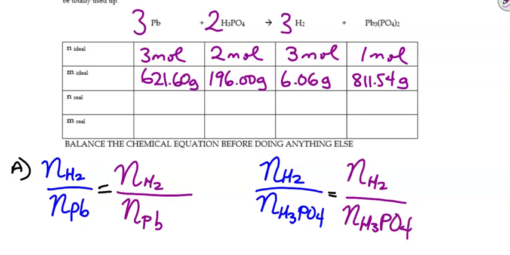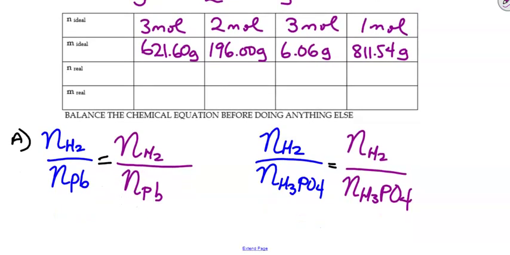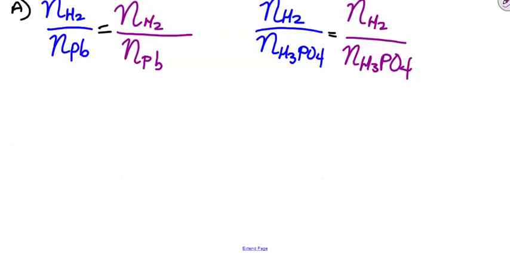So, whichever of these produces less moles is the limiting reactant. We're going to run out of it. All right, so let's take a look. So, N of hydrogen, H2, over. Well, how many moles of lead do we have? And how do we figure that out?